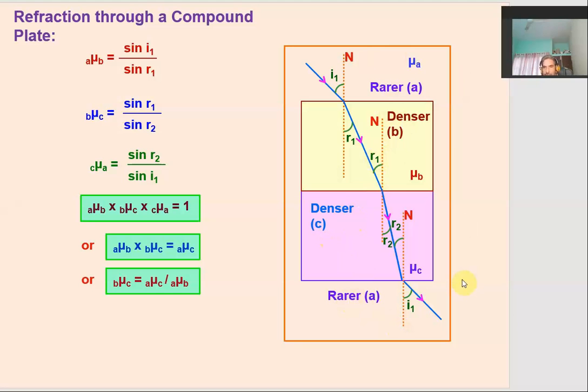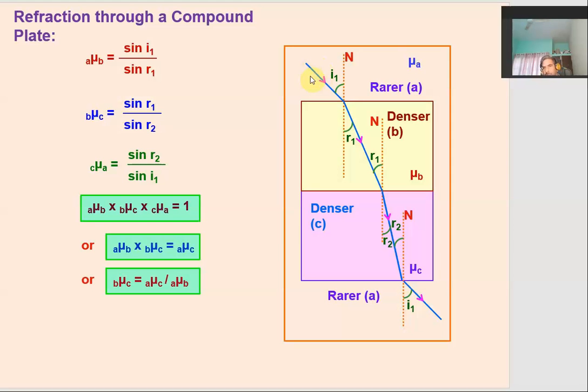So whenever a light ray gets refracted through multiple media, you can also call it a compound refracting plate.